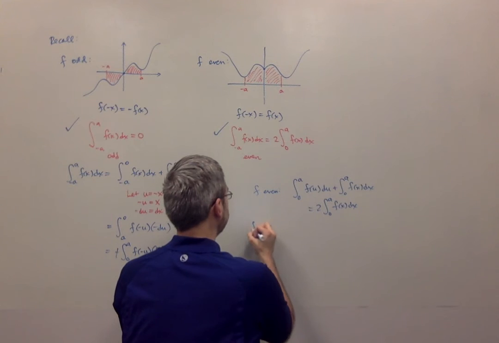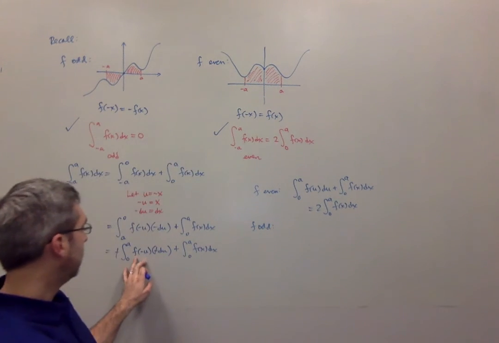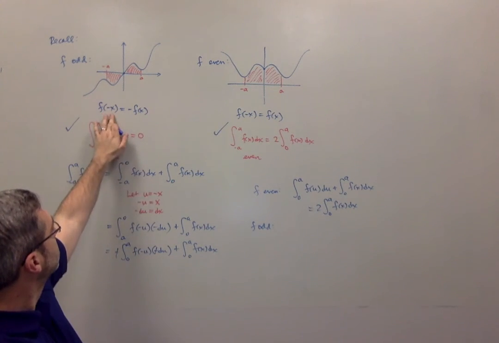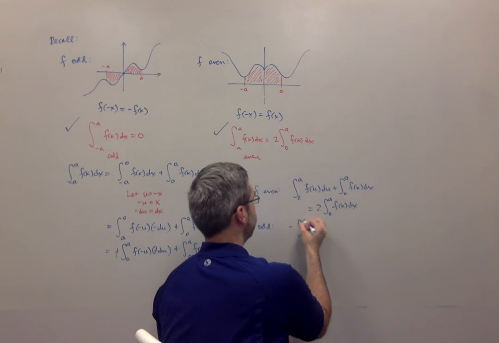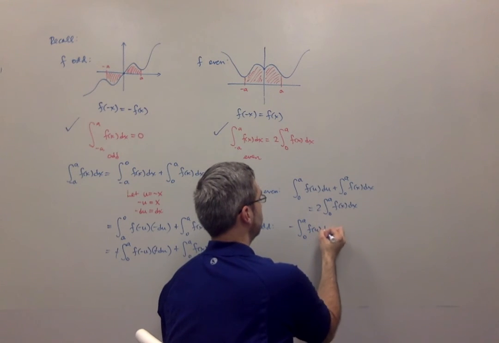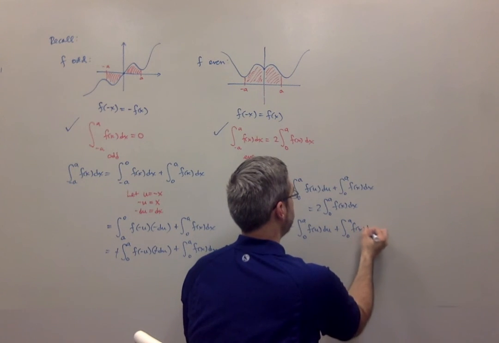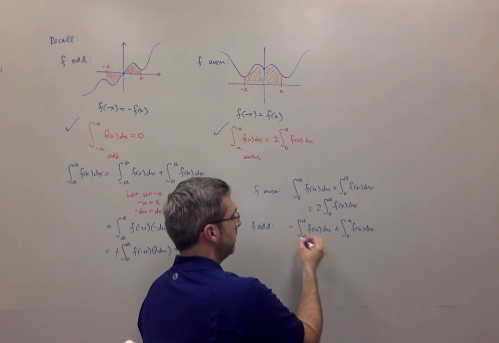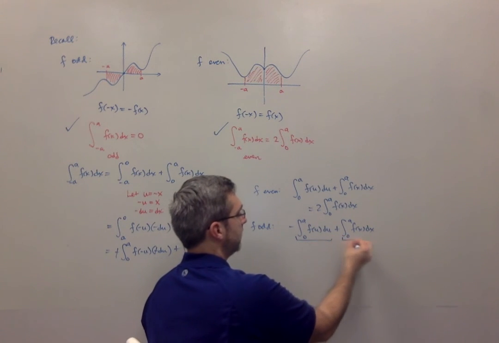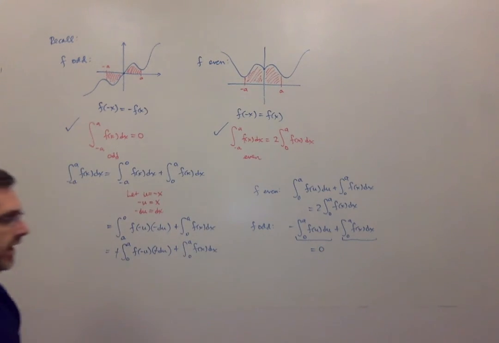In the case of an odd function, f of negative u is going to be negative f of u. So we get negative f of u du. And what ends up happening here, again, it doesn't matter if I'm talking about u's or x's, this is a number, and this is that same number, and they have a negative on them, so they cancel one another out, and I just get 0.